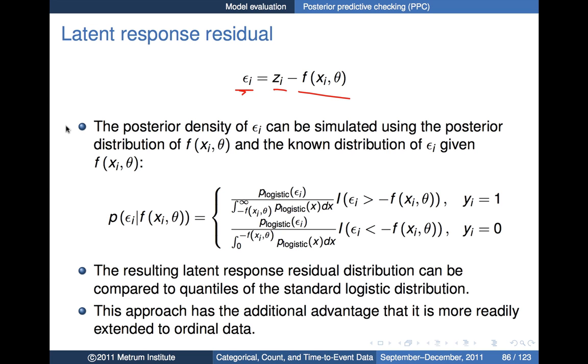So we can actually construct the posterior density of these epsilons using our posterior distribution of our function f and the known distribution of epsilon given f.